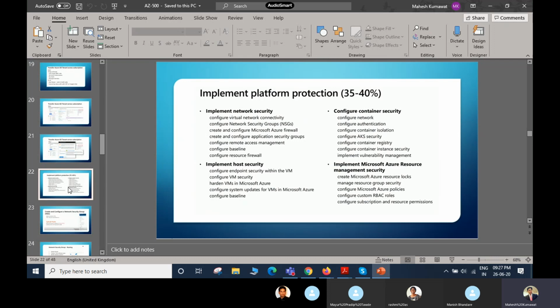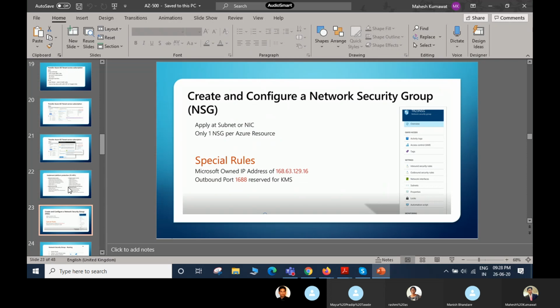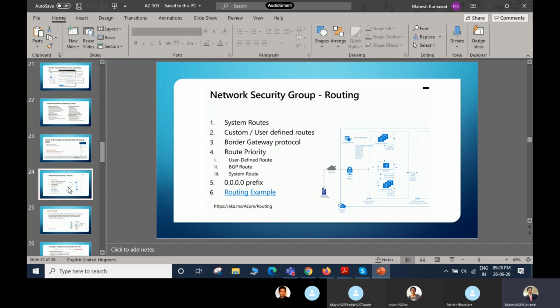Configure container security. We are going to configure some Azure resource management security. You can say, sir, implement host security, implement network security. And in network security, there are multiple things: network security groups, Microsoft Azure Firewall, security groups, access management, baselines, resource firewall, network security groups, NSG, routing.